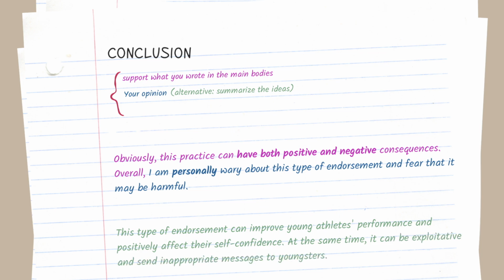This is another way of, let's say, summarizing ideas from the main body to include in your conclusion after the first sentence. All right? So, in the second sentence of your conclusion in advantage and disadvantage essays, you can include your opinion, but if you do not want to, you can summarize the main points in your main body paragraphs, right?